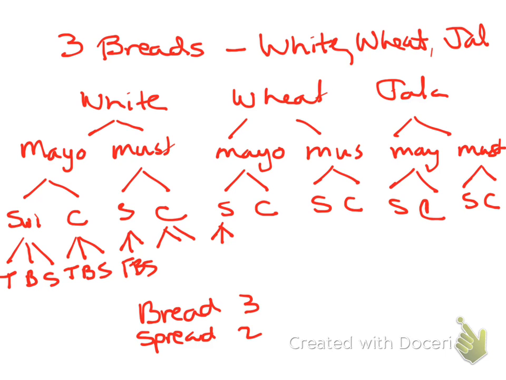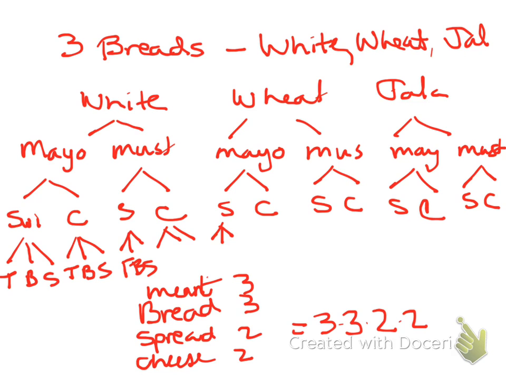For my cheese, I have 2 possibilities. And last but not least, for my meats, we have 3 possibilities. So if I multiply them all together, 9 times 4, it's 36 possible sandwiches that I could have.